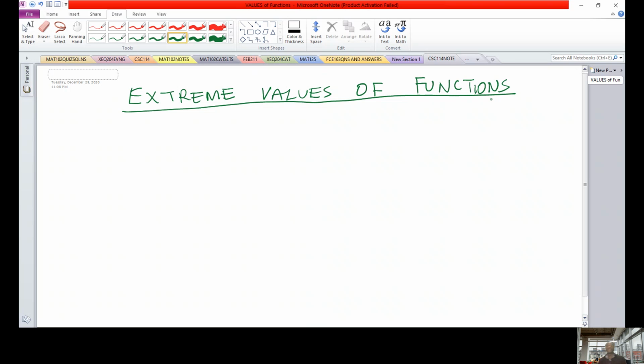So we start by defining what we mean by absolute minimum and absolute maximum of a function. So, definition.